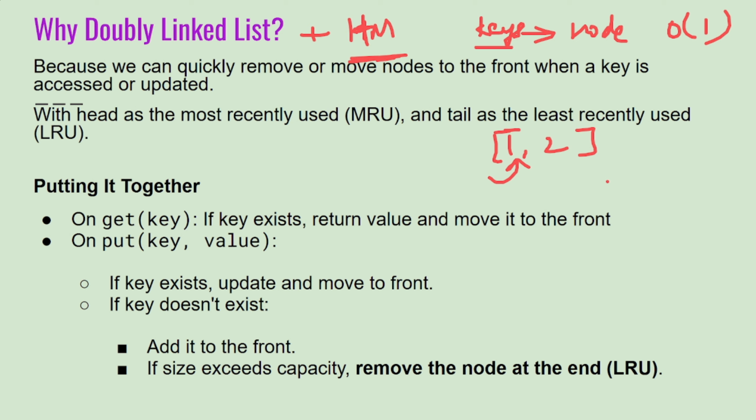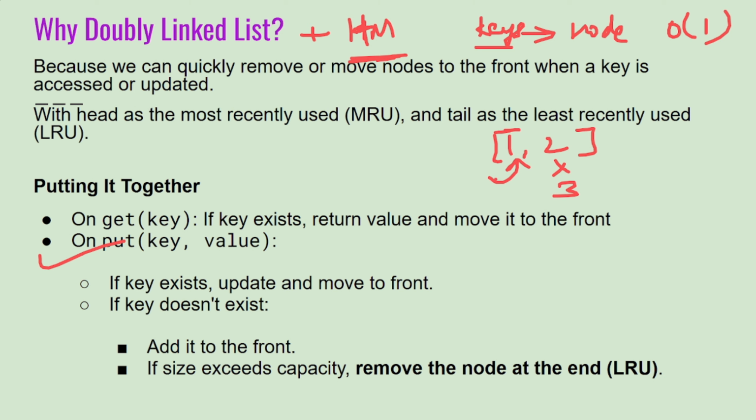So whenever you want to add or use the put method, let's suppose we are going to add a 3, which one will we have to delete? We have to delete 2, because we have just made a get of 1. Get 1 means 2 we have not used. So least recently used is 2. So we'll remove 2 from here and we'll add 3.